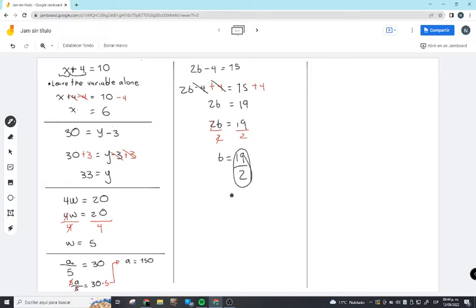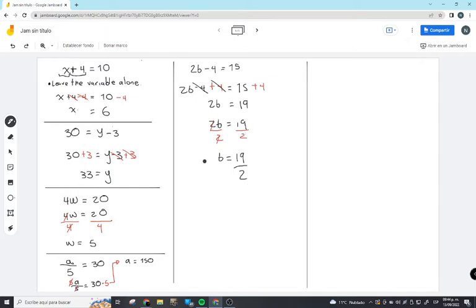You can leave the answer like this. This is already a valid answer. But if your teacher asks you to transform it to a decimal or a mixed number, you can do it. But right now, this is a valid answer, so you can leave it like that.